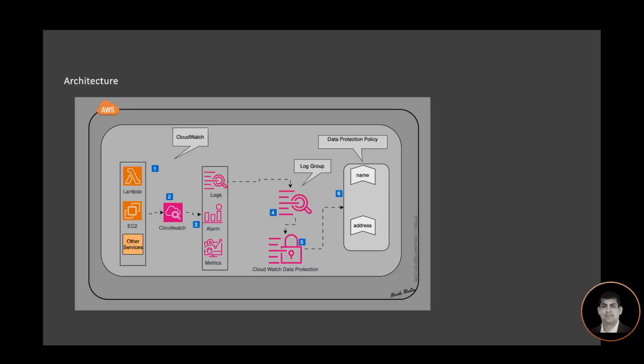In this scenario, I'm picking two data elements, name and address, and I'm going to protect them using the data protection policy feature of CloudWatch. Basically, this will mask the data elements selected in this example.